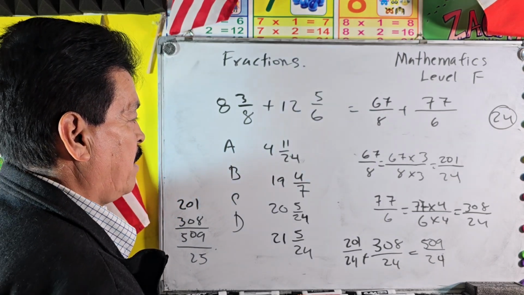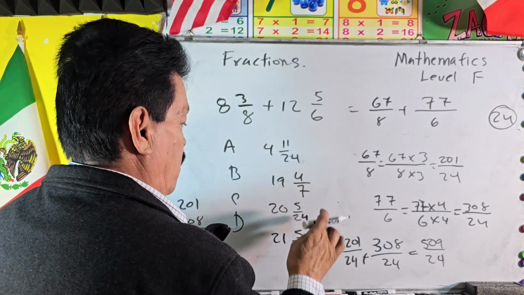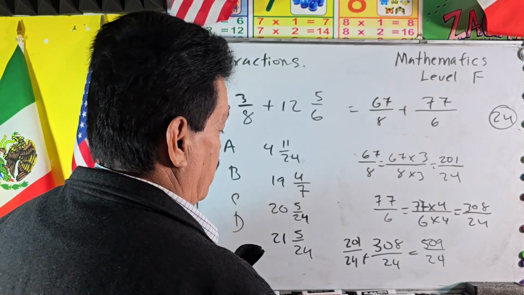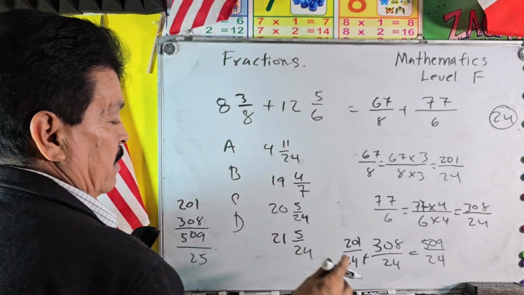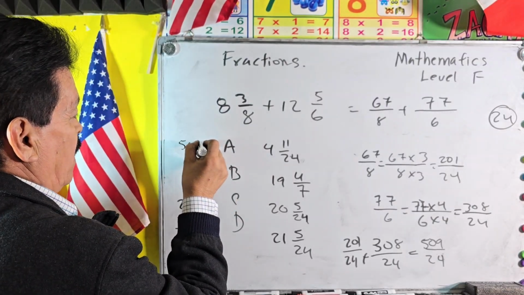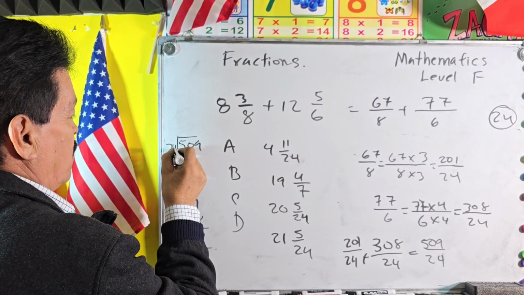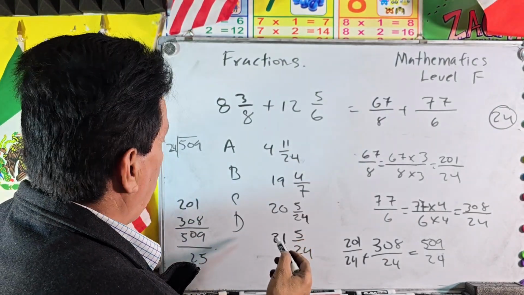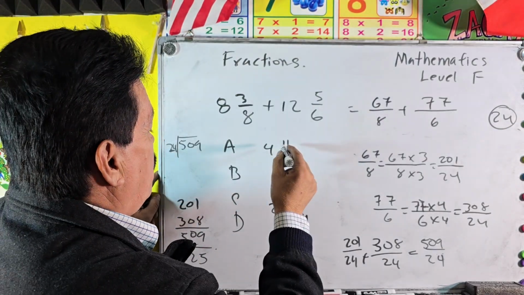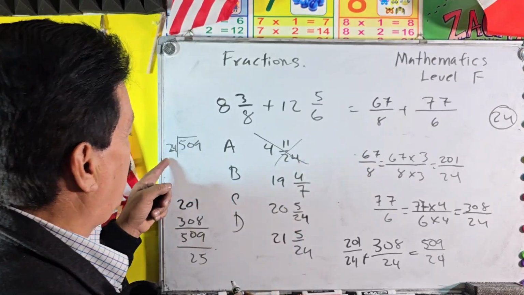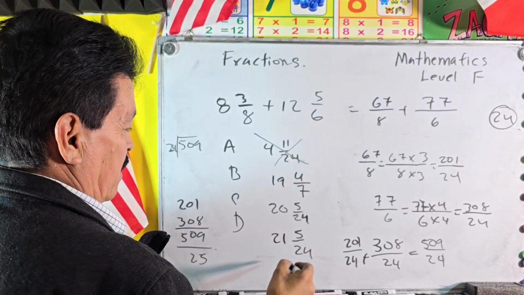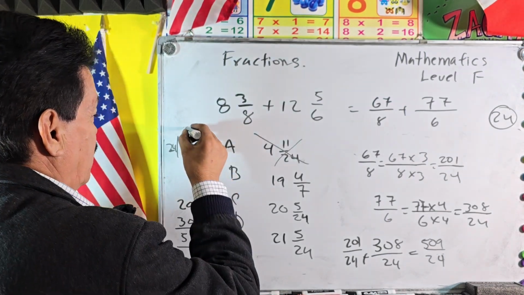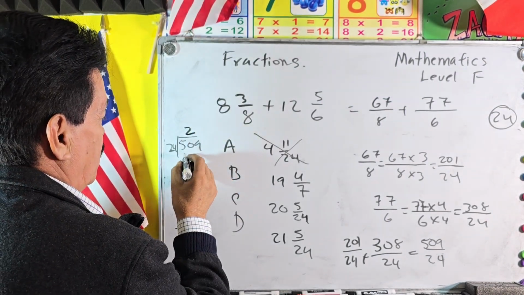So immediately the possible answer would be this one, or this one, or this one, right? So we have to divide now 29 divided by 24. It should be one of these answers. Of course, this one is completely wrong because it's not 24, right? These are very close. I told you, very close. So here is 1 times.